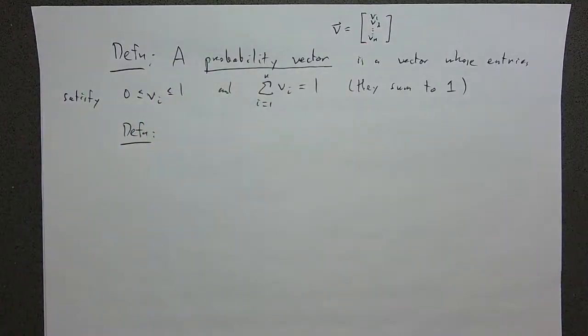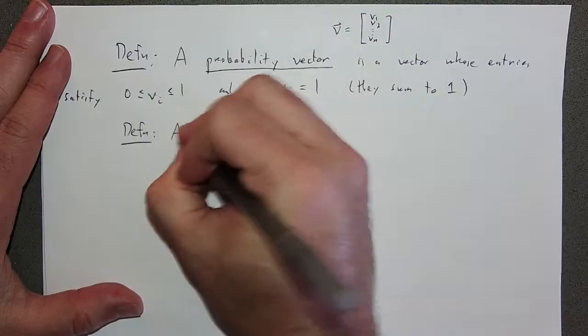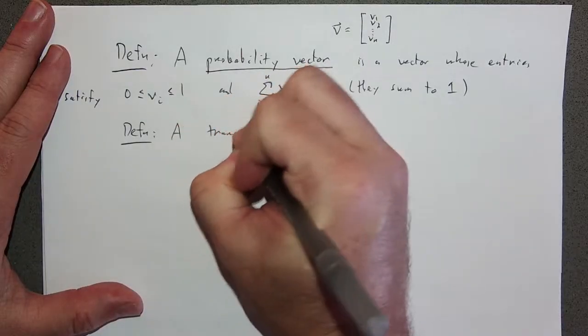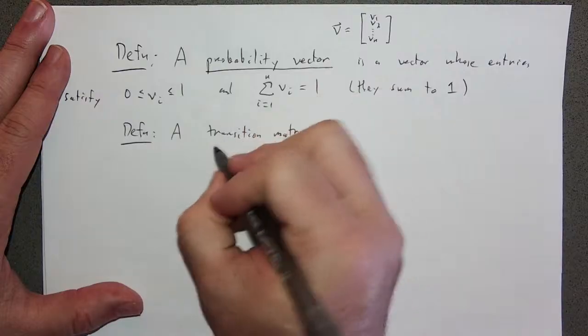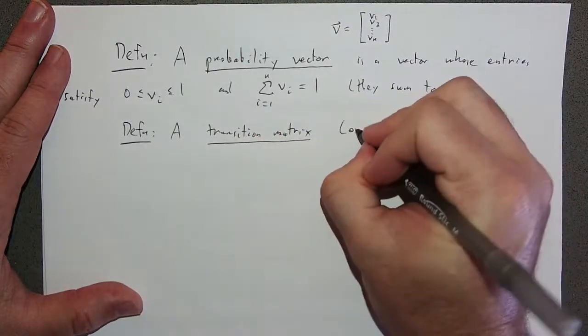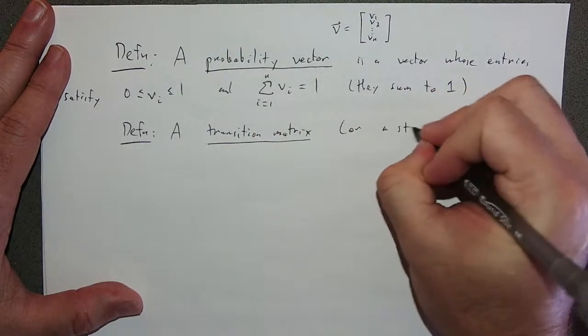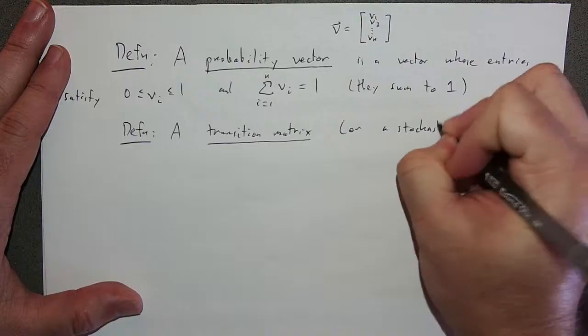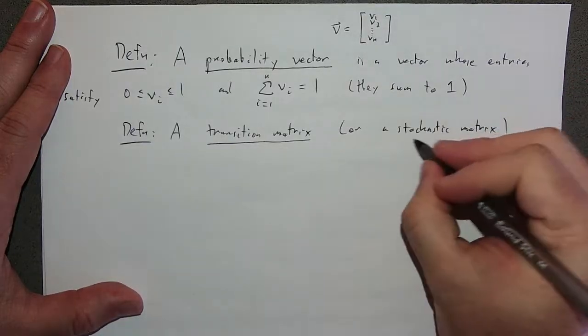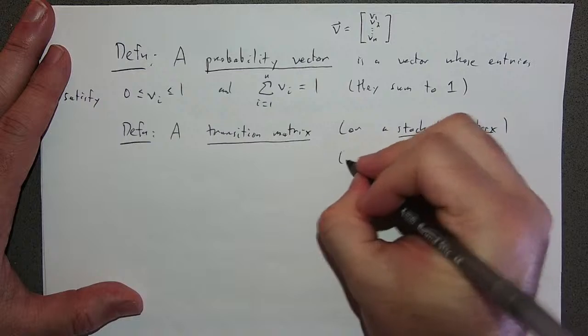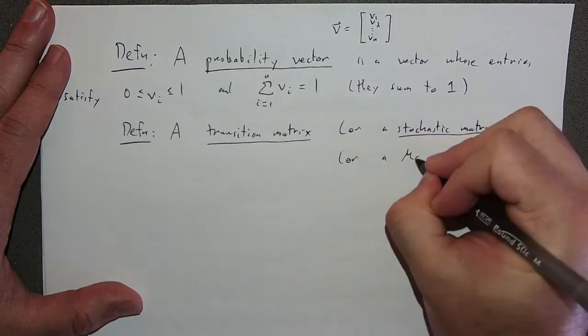Next. What is a transition matrix? A transition matrix, or sometimes it's called a stochastic matrix, or a Markov matrix.